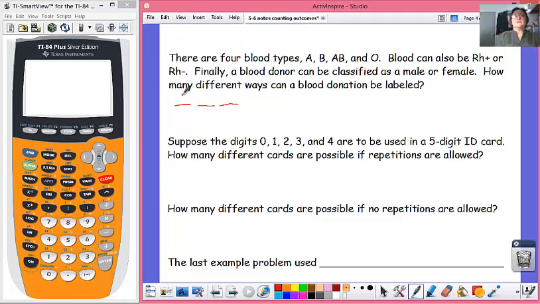Blood type is the first slot, and there were 4 of them. Rh factor comes next, and you can either be positive or negative. Gender comes last, and you can be male or female. So we're looking at 4 times 2 times 2. That's 16 possible labels.